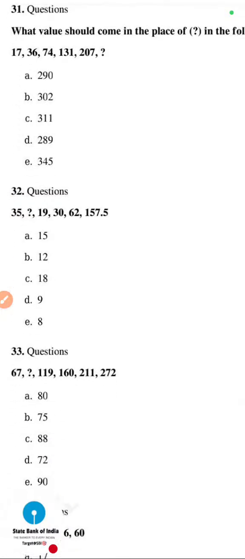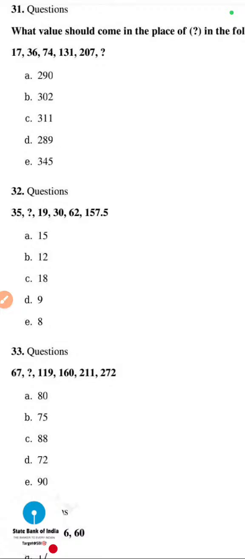Next, 35 dash 19 30 62 157.5. We can see a pattern of decreasing and then increasing. So first we will do with the half times. Here 19 becomes 30, means it must be into 1.5 times.